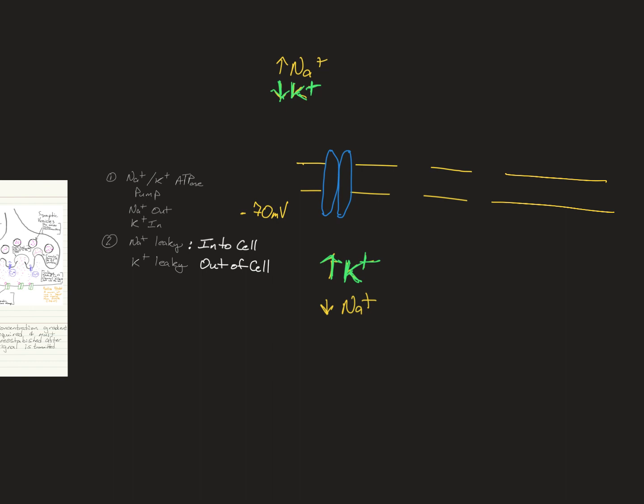If you're going from high to low, this is a leaky channel. Again, potassium ion leaky channel, meaning it's going to allow the ions to leak through. It's not pushing anything. The ions are going to flow. Potassium goes from high to low, and it's going to go in that direction.